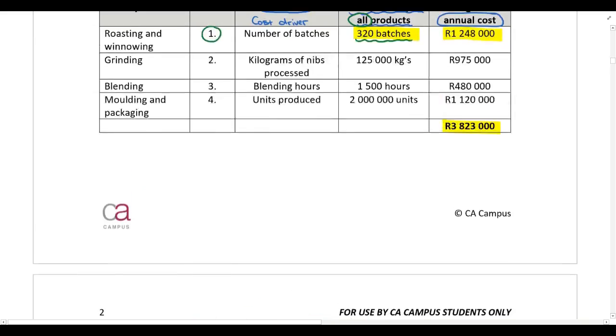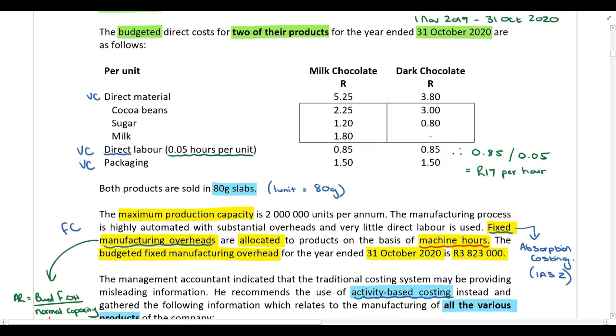So if you go back to the previous page, we performed a very similar calculation with direct labor, where we took the unit cost and divided by the number of hours per unit in order to calculate the budgeted labor rate per hour. We are going to apply exactly the same logic. We know that the cocoa beans cost 37.50 Rand per kilogram.